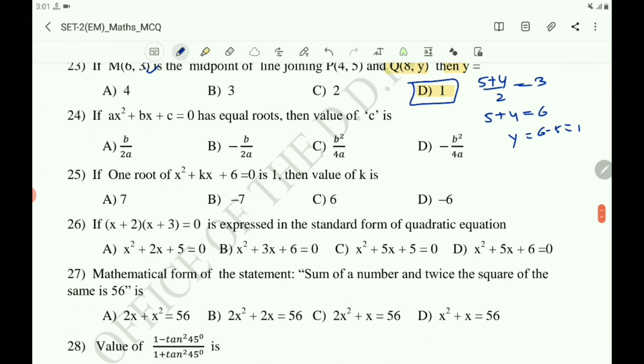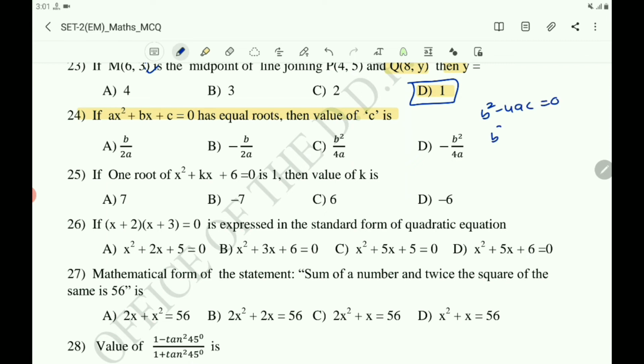Next you take the question number 24. If ax square plus bx plus c equals 0 has equal roots, then the value of c is. If it has equal roots, you know that b square minus 4ac, which is the discriminant, is equal to 0.